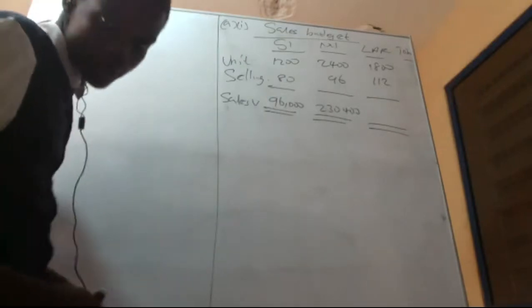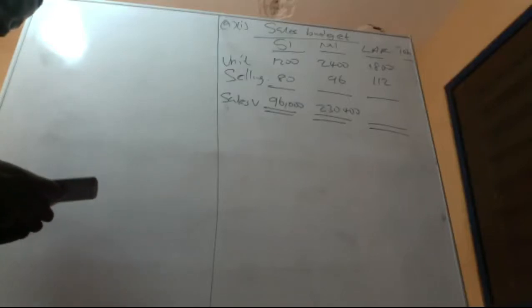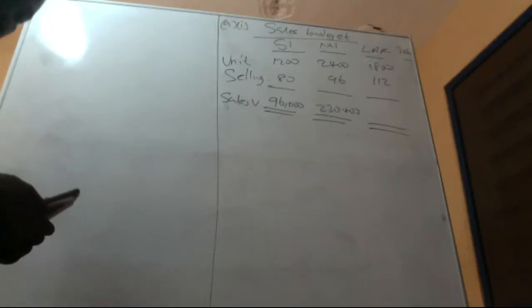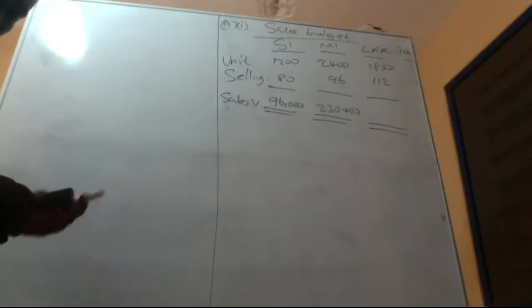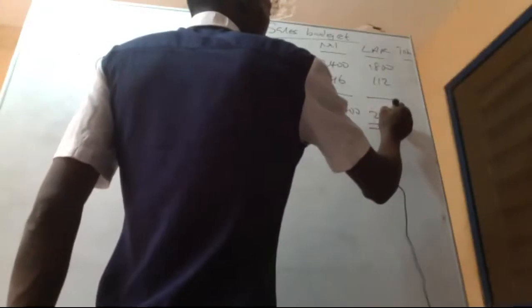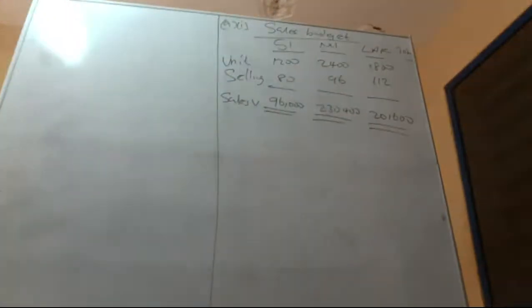Okay, I like that. Then the last one will be 1,800 by 112. That'll give us 201,600. So that's the sales budget.